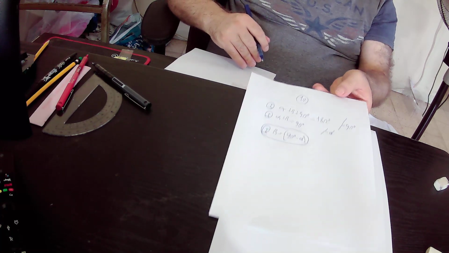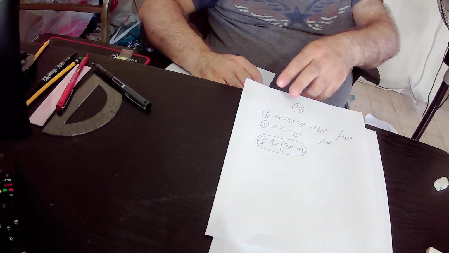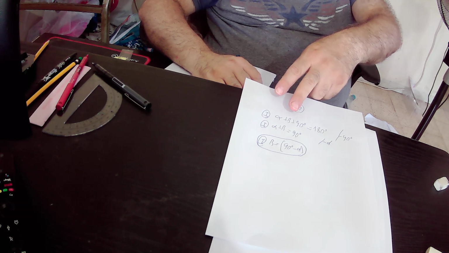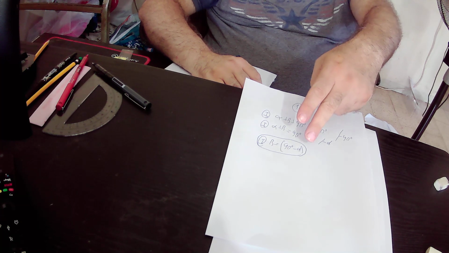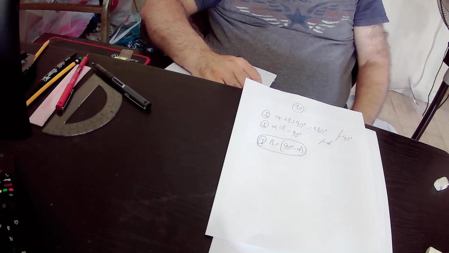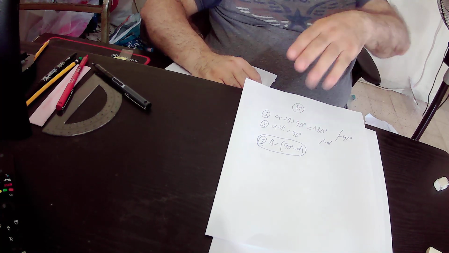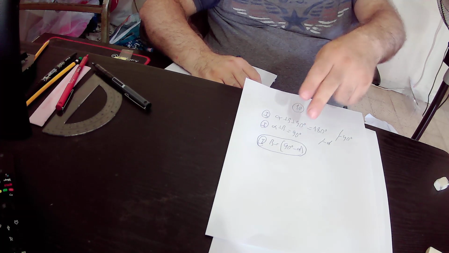So we subtracted alpha from equation number 1. Alpha plus beta minus alpha equals beta. 90 degrees minus alpha equals 90 degrees minus alpha. So equation number 1 states that beta equals 90 degrees minus alpha.